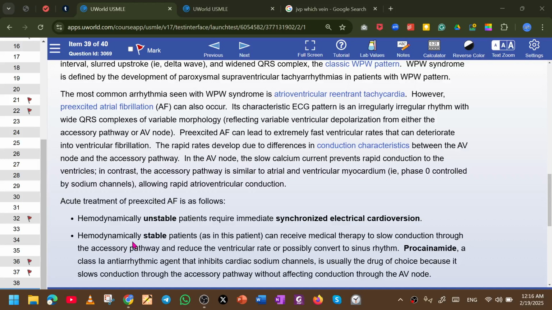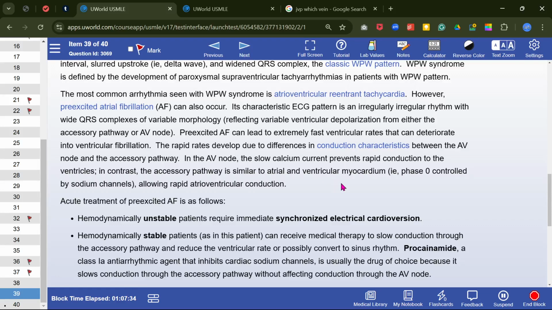Acute treatment for pre-excited atrial fibrillation: if the patient is hemodynamically unstable, it requires immediate synchronized electrical cardioversion. If the patient is hemodynamically stable, as in this patient, they can receive medical therapy to slow down the accessory pathway and reduce the ventricular rate and possibly convert to sinus rhythm.